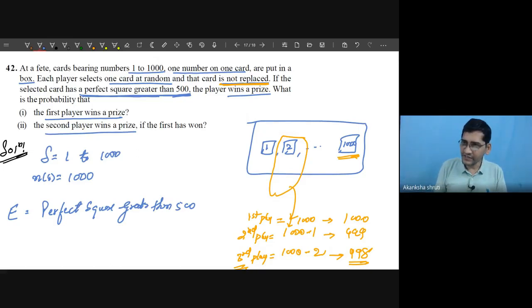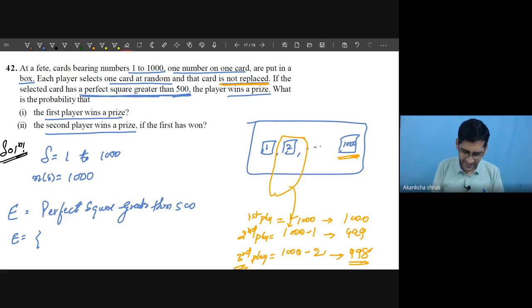So just after this, what is the number, students? What is that? 625. You have to search the perfect square numbers. Before this, is there any number or not? 20 square is 400. So you shall start counting forward. What is 21 square, 22 square, 23 square, 24 square? You shall start searching that way. That way you have to write these events.